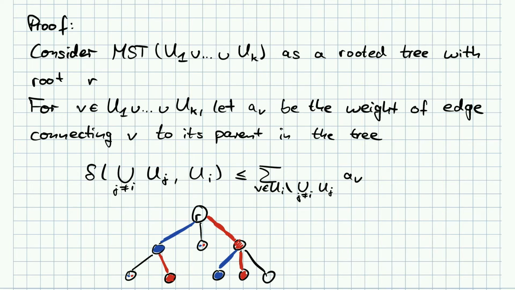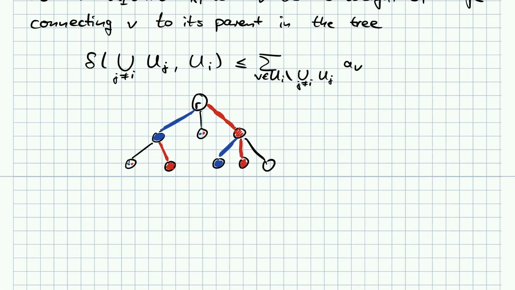And this now tells us that we can bound the sum of these connections, connecting U_i to all other U_j.